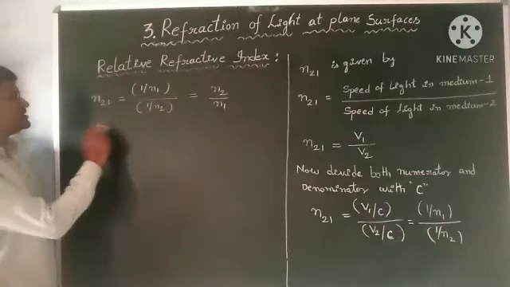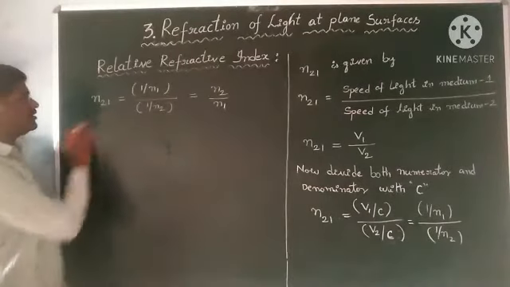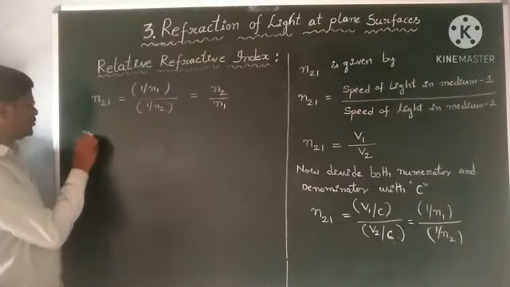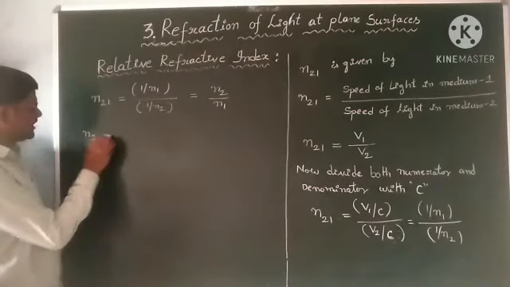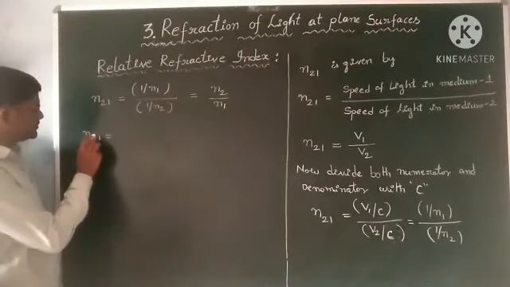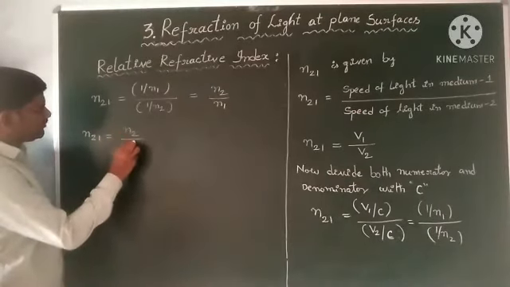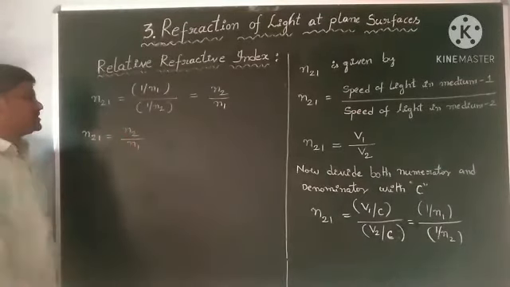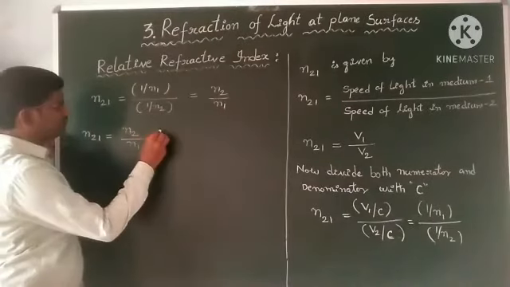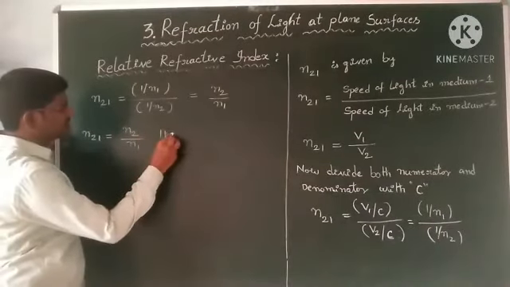So this n2 by n1 is called n221. You are getting n221, which means you are getting n2 by n1. This is called relative refractive index.